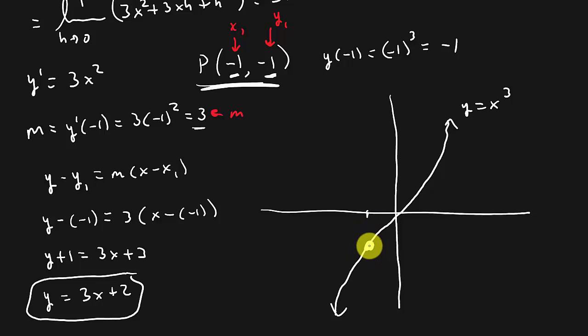Okay, there's x equals -1, and if you draw this tangent line here, that's your tangent line. This is the line y equals 3x plus 2. That's what we found, the equation of that tangent line.